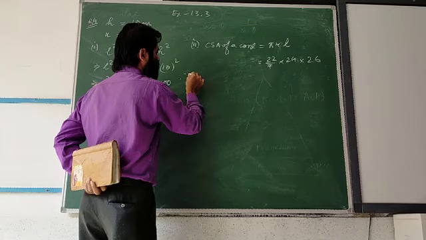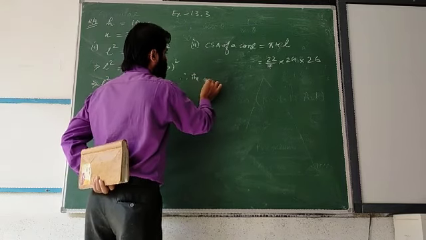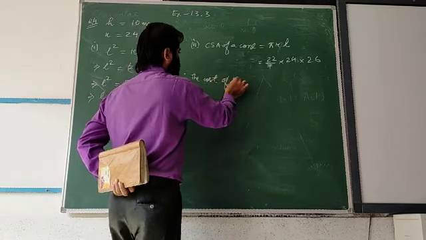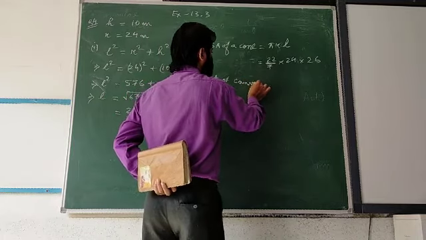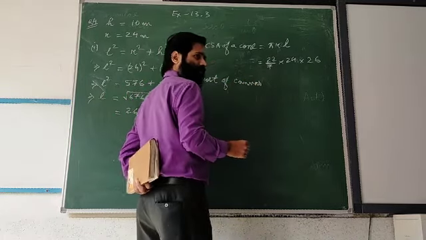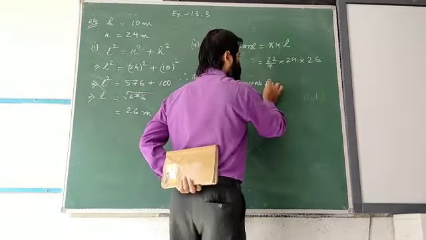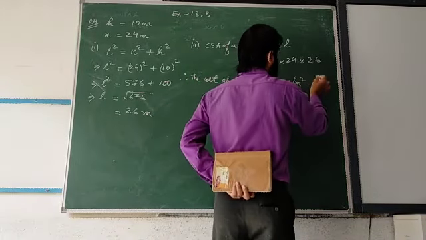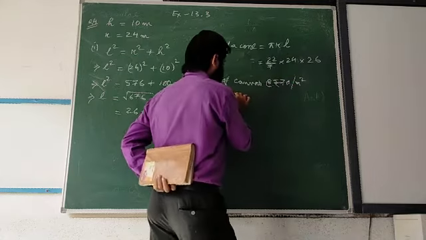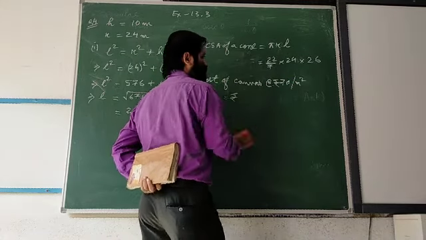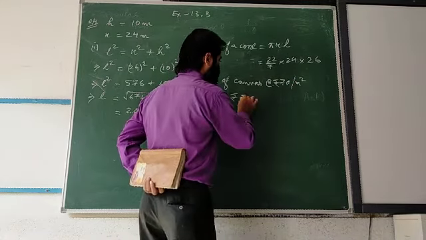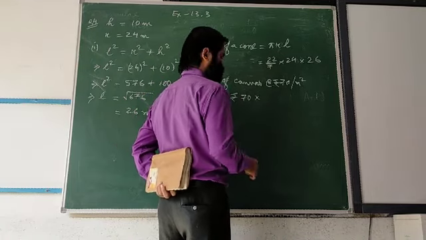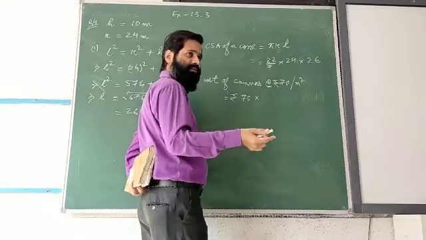Now we'll say that therefore the cost of canvas at the rate of rupees 70 per meter square equals, I am writing it here, rupees 70 into whatever area you are having.